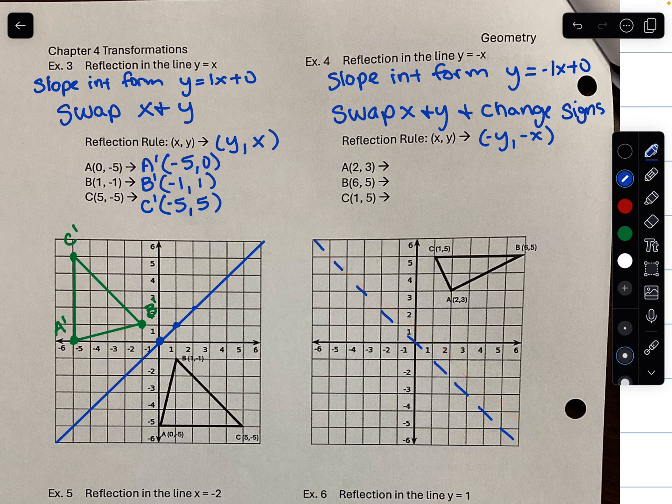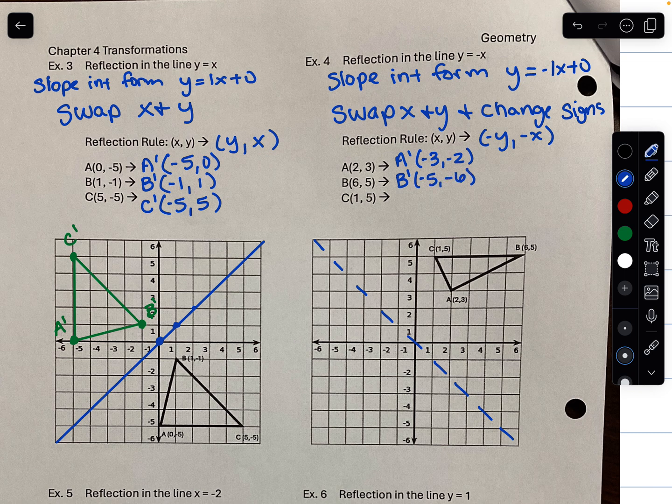Okay. All right. Let's talk about A prime. Joss, can you tell me what A prime would be if we swap them and change the signs? Negative 3, negative 2. Good. Okay. Kyler, what about B prime? Negative 5, negative 6.